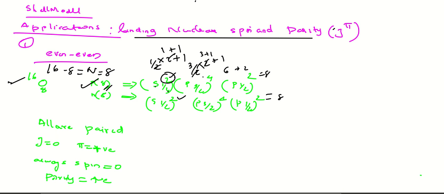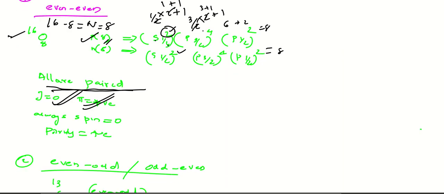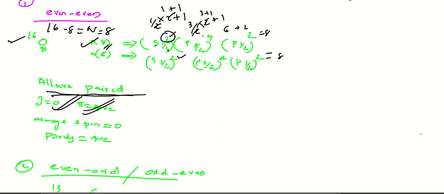So all are paired. All are paired means spin J is equal to 0 and pi is equal to positive. So always spin is equal to 0 when all are paired.